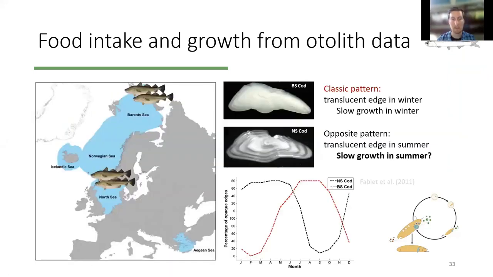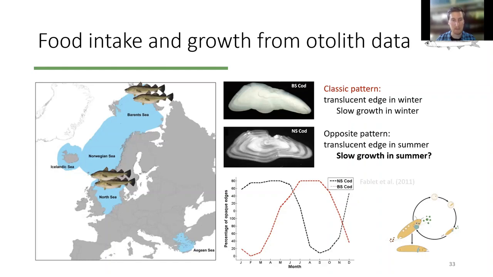So there have been applications of this reconstruction method to look, for example, at different patterns observed in two populations of Atlantic cod, which show different patterns in their otolith opacity, namely with a population from the Barents Sea showing a translucent edge in the winter, and a population from the North Sea showing a translucent edge in the summer.